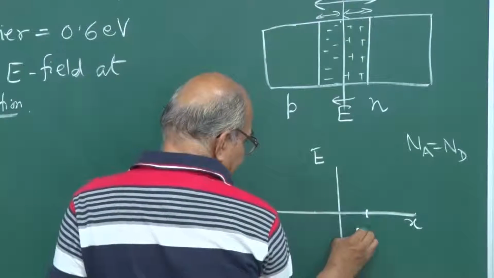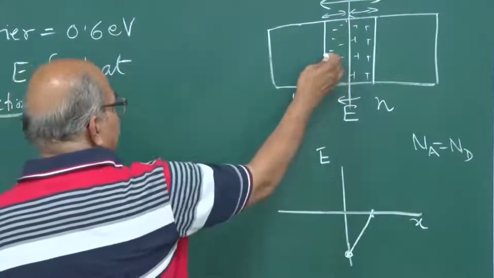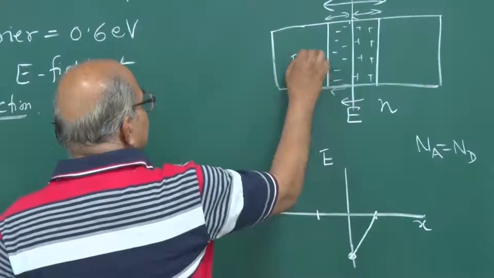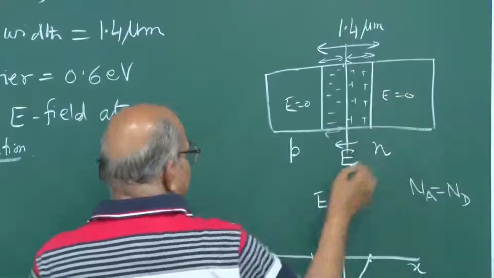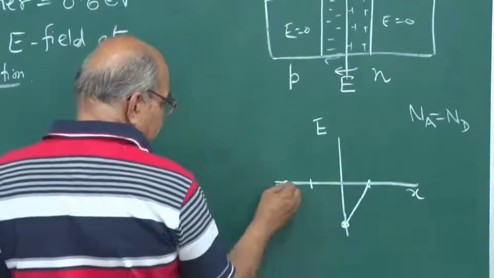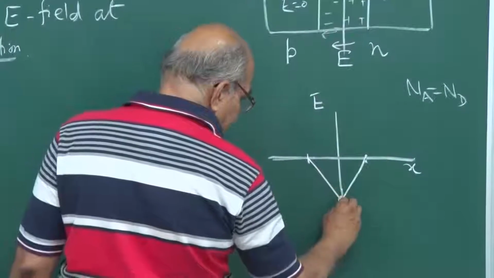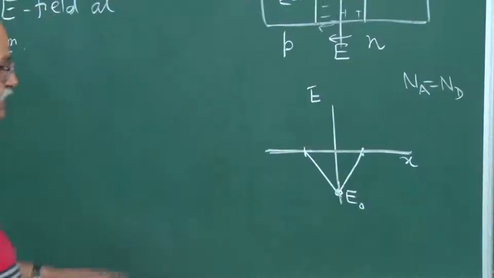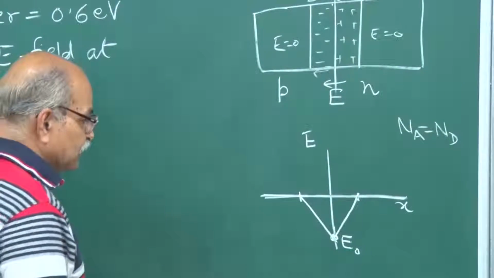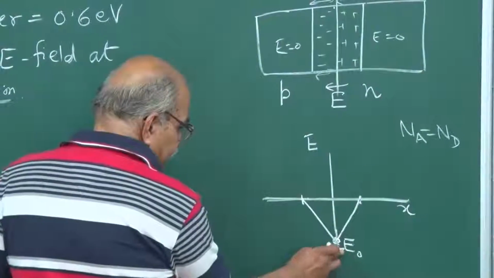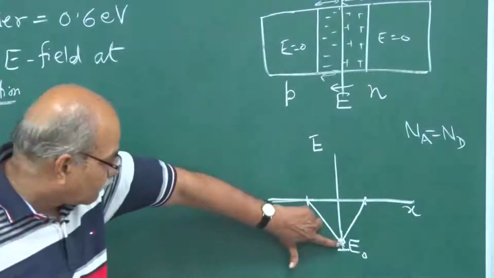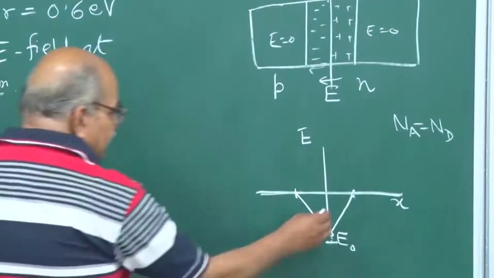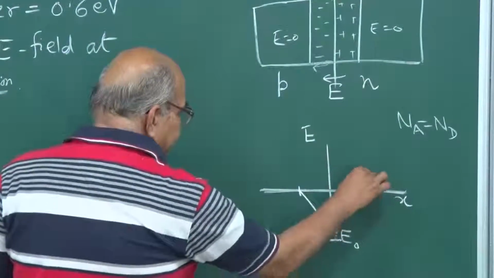Same story on the other side. The electric field is still in the same direction, so it is negative, and beyond the depletion layer it is all 0, and this is also linear. Let us say this is E naught, or you can call it minus E naught. Let me call this x1.